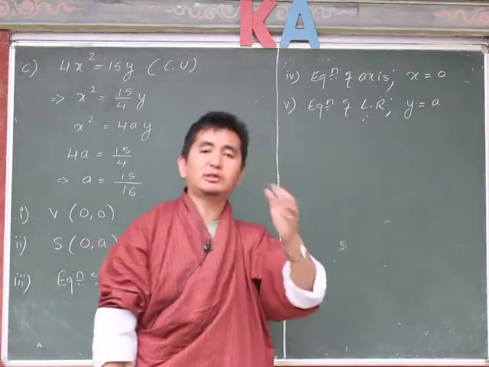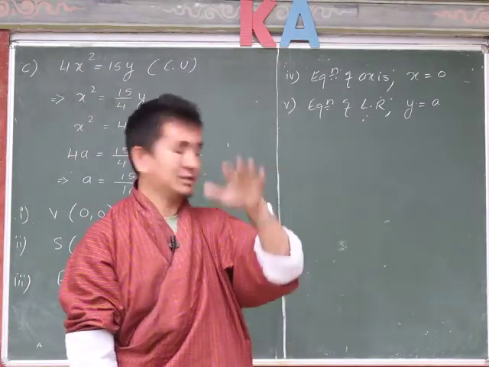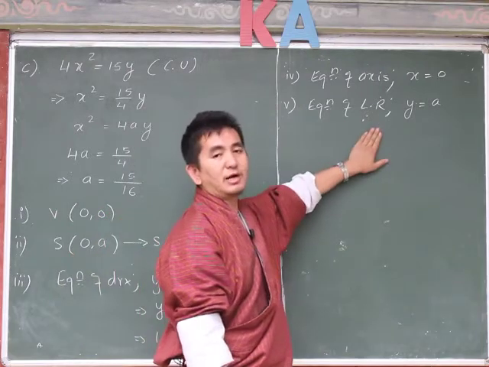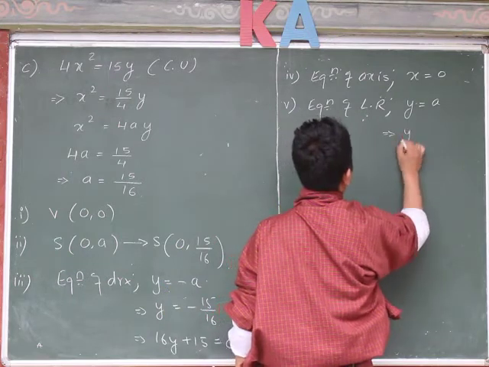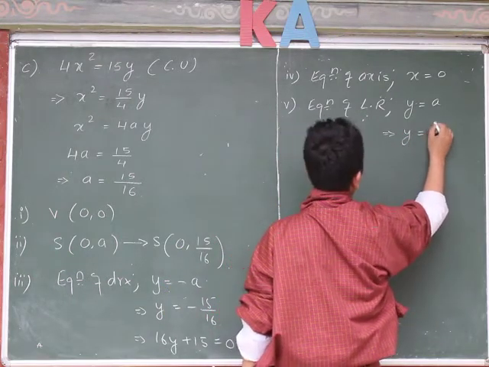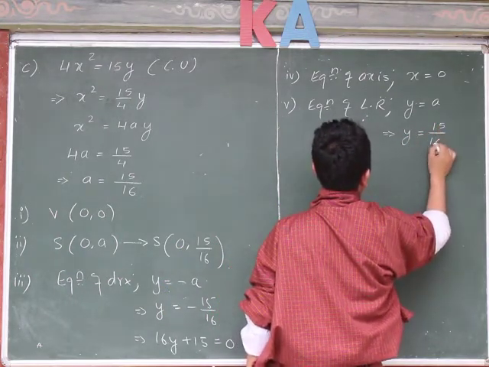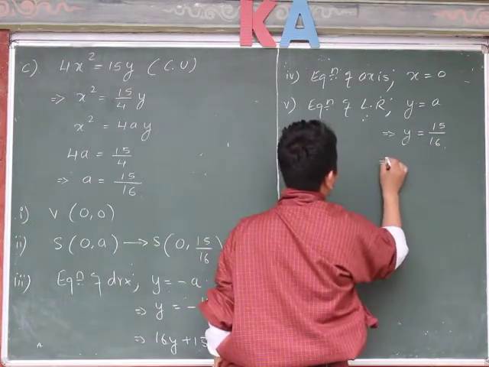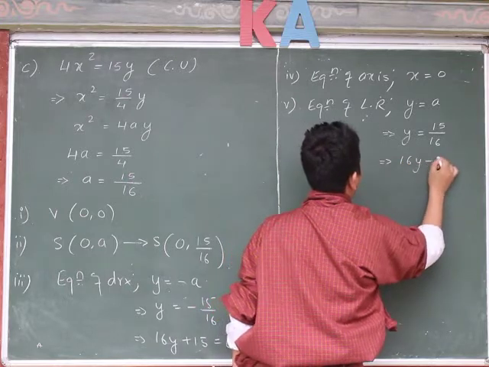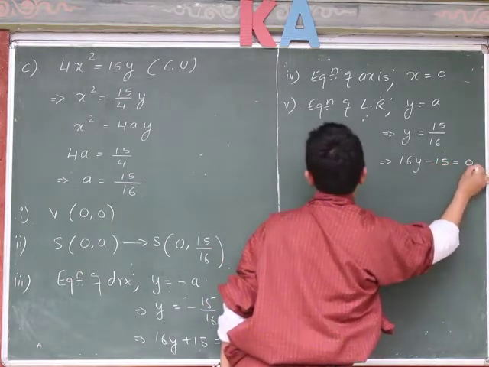I told you to get thorough with all the 4 parabolas. Then only you will be able to understand what I'm doing here, okay? So the equation of latus rectum is y equal to the a value we have here, 15 by 16. If you are getting confused, just take the opposite of the directrix as I mentioned earlier, which implies 16y minus 15 is equal to 0.